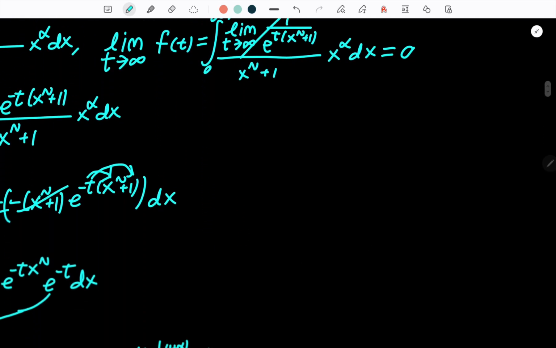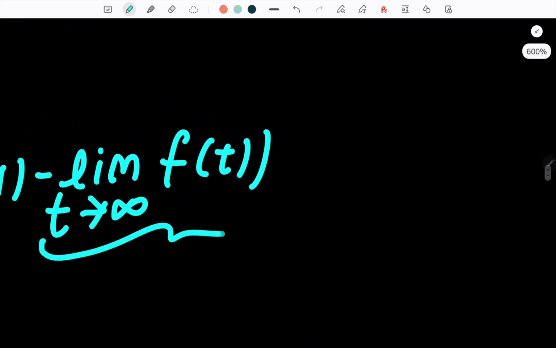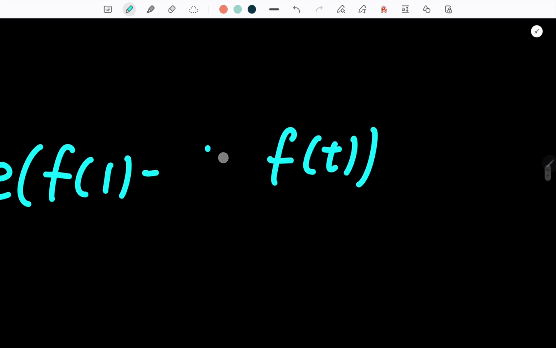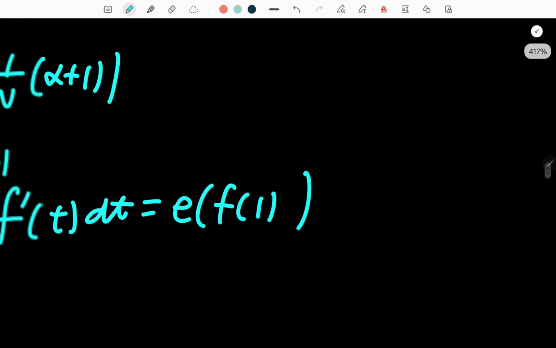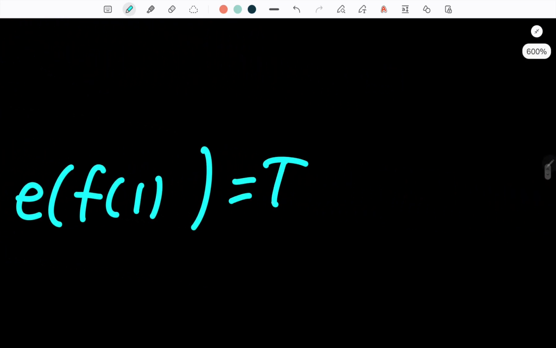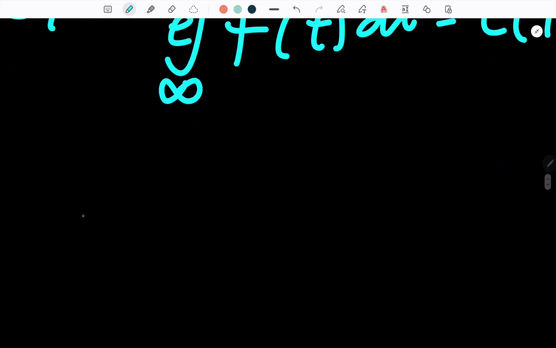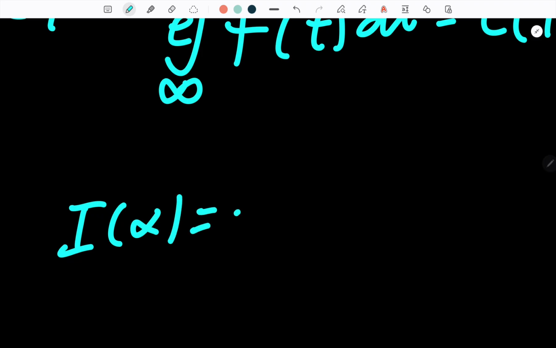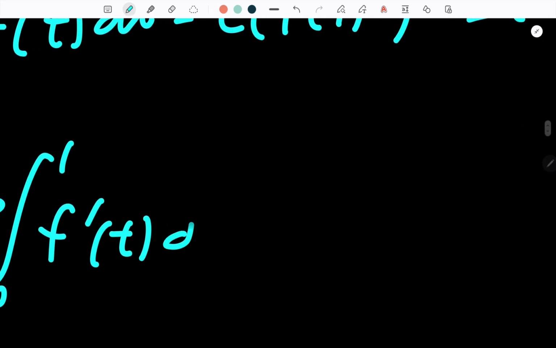So, let's go all the way back down here. This limit, like I just said, is going to be 0. So, we'll just have minus 0, or basically nothing, and then there we go. And remember what I said before, this is going to be I of alpha. Therefore, I of alpha is going to be e times the integral from infinity to 1 of f prime of t dt.